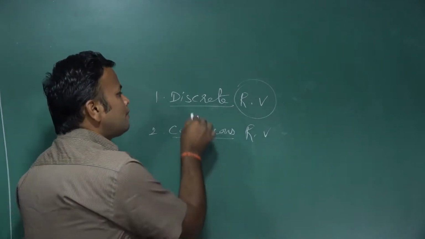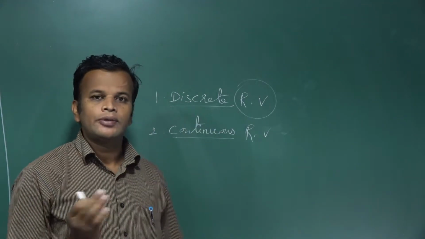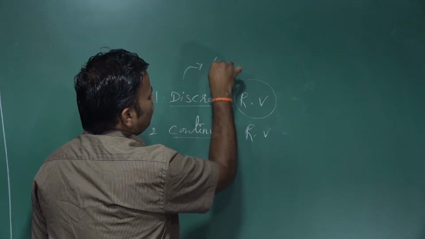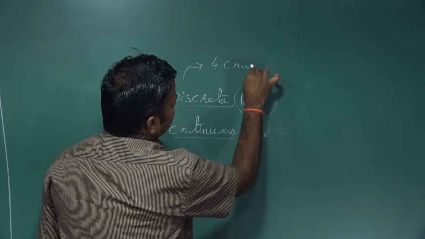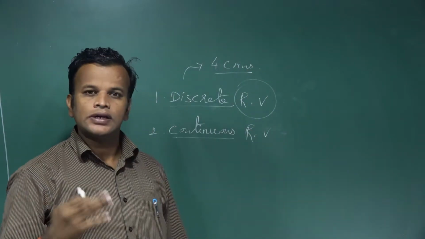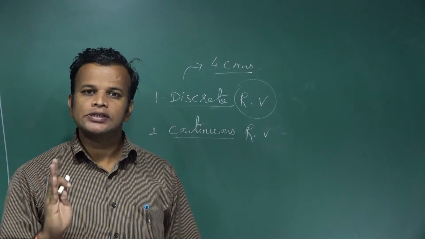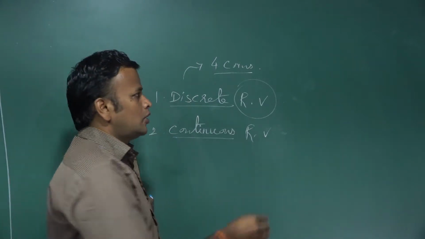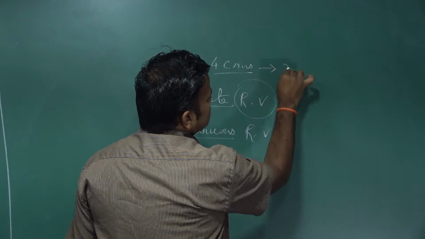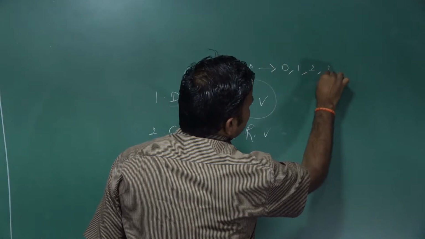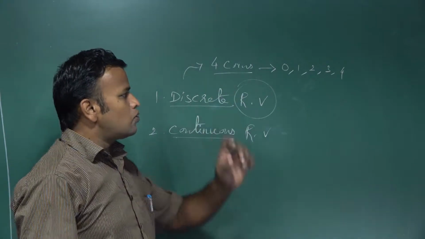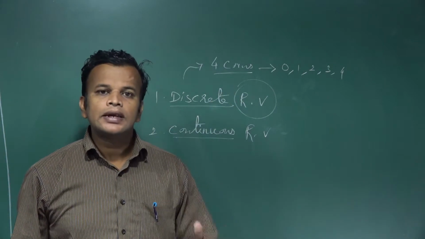I give an example of a discrete random variable, where all the values are countable. Suppose we toss 4 coins at a time. Suppose we assume head is a success. So how many heads can come? I say in all 4 coins: 0, 1, 2, 3, 4. What is meant by 0, sir? We tossed 4 coins at a time and no head came.